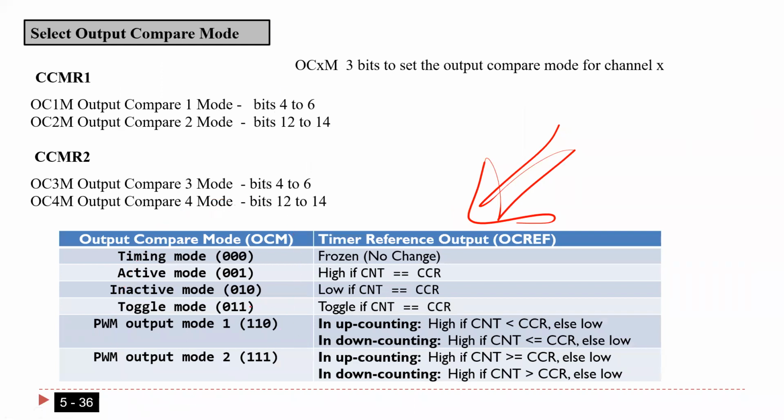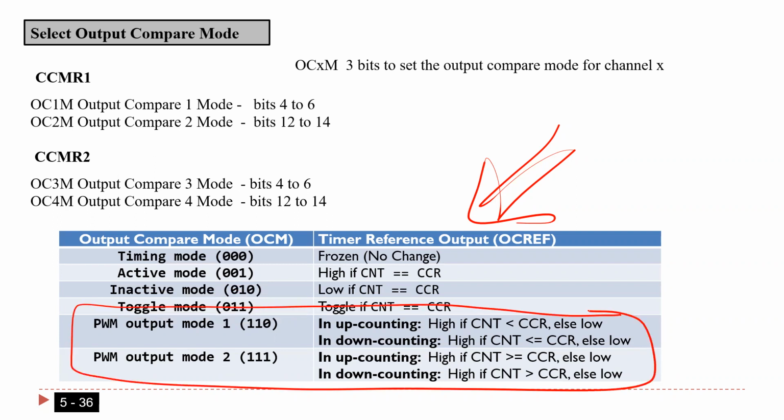Until now we mainly used toggle. That means every time CCR equals the count, you want the pin to toggle. What I'm going to do right now, we have two more modes here for pulse width modulation: pulse width modulation mode 1 and pulse width modulation mode 2.